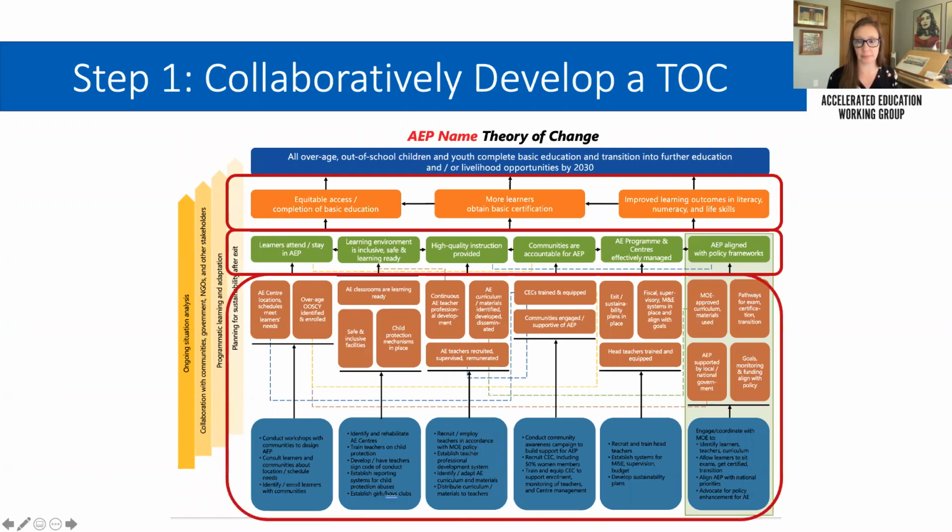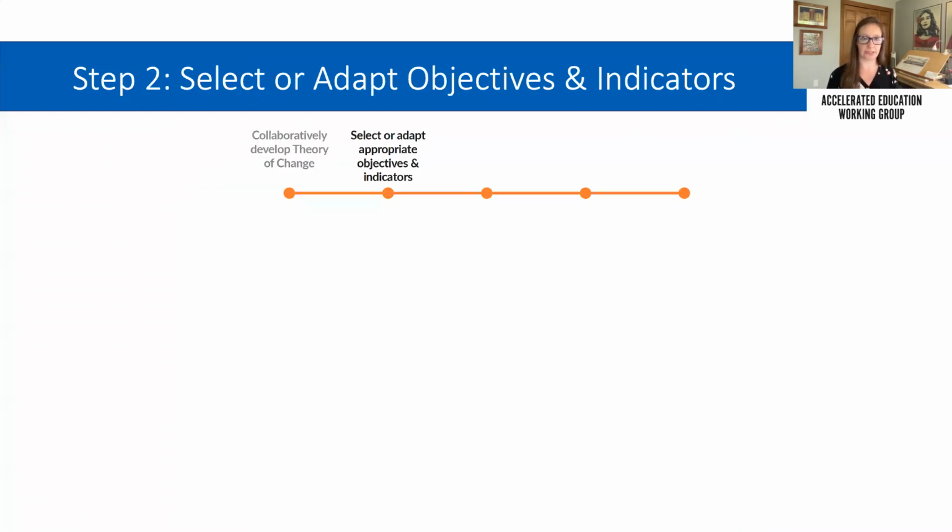And then finally, in brown and blue, we see several different ideas of what program outputs and activities might be, respectively. And again, all of these components are adaptable in the theory of change PowerPoint. And so you can use them to generate ideas, or if you take the PowerPoint and you want to just manipulate it for your own program, you can do that as well.